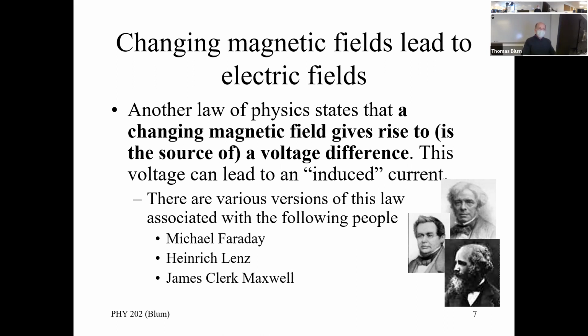So a changing magnetic field causes an electric field, and that electric field might cause a current, which would be an induced current. We have some original current producing some magnetic field, and if we try to change something about the magnetic field, that will produce a secondary or induced current.